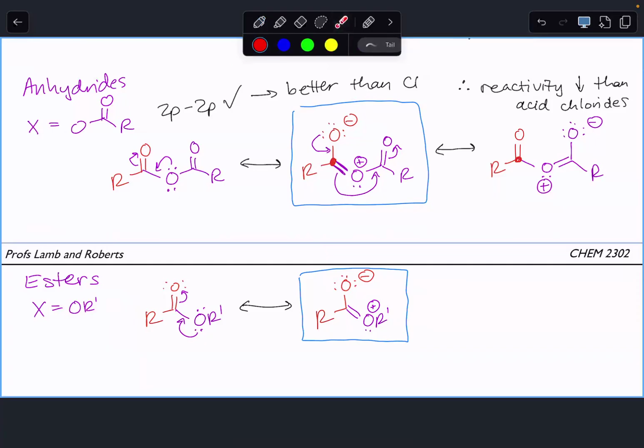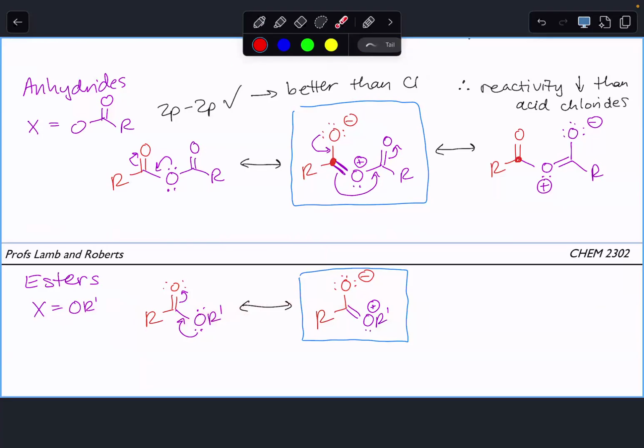Okay, so similar to anhydrides, right? We have the 2p orbitals, right? Nothing's different, right? It's all carbons and oxygens here, so that's fine. But for the anhydrides, right, it has 3 major resonance structures, whereas the ester only has 2 major resonance structures.